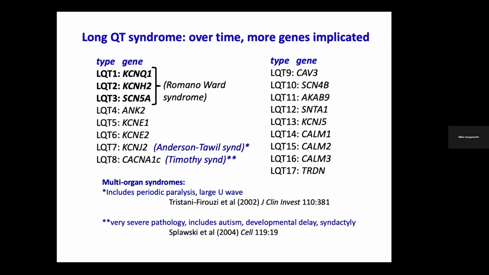It's actually just the U wave becomes more prominent, and it's the equivalent of looking at a long QT. And also Timothy syndrome, that's named after Catherine Timothy, gain of function mutations in the L-type calcium channel. And this is a really severe disease. It probably is lethal in utero quite often, but it's very severe pathology, includes autism, developmental delays, syndactyly, all sorts of problems.